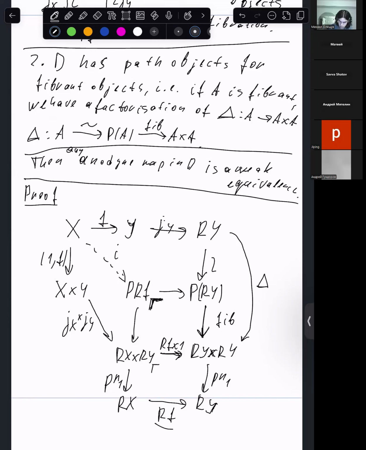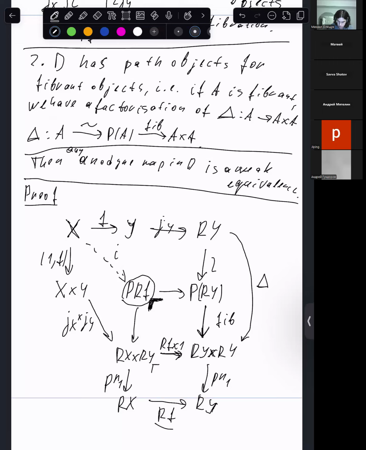So we want this square to be a pullback.